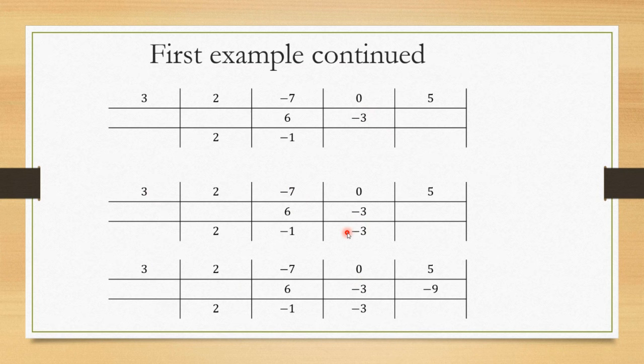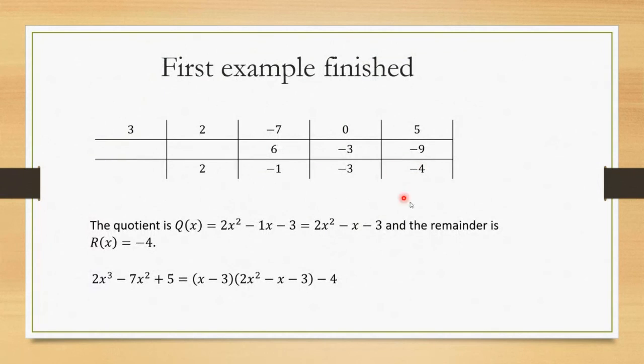We have 3 times -3, which is -9. That goes here. Then we add, and the sum is -4. And we stop because there's nothing after it.